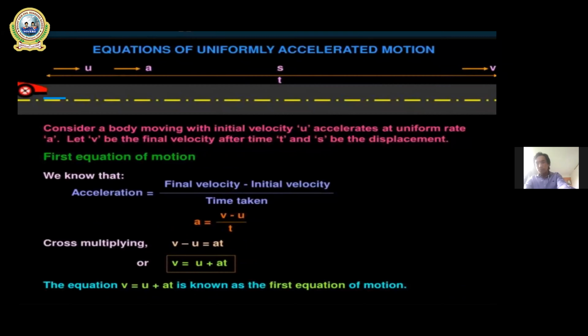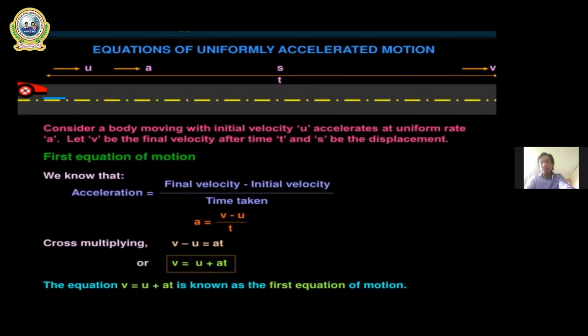If you get confused in any step, please respond. The important part is you have to know the first step, just like for the first equation. The first step is the definition of acceleration, that is acceleration equals final velocity minus initial velocity upon time. If you know this, then you can easily find the equations of motion.